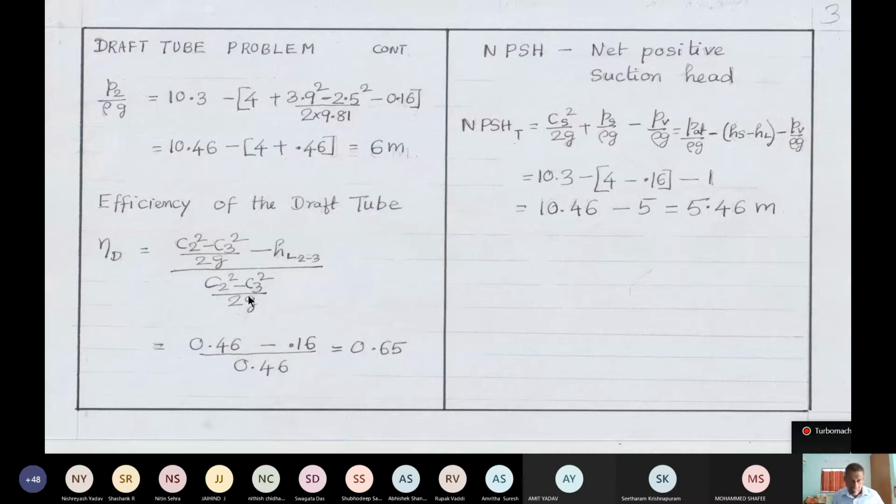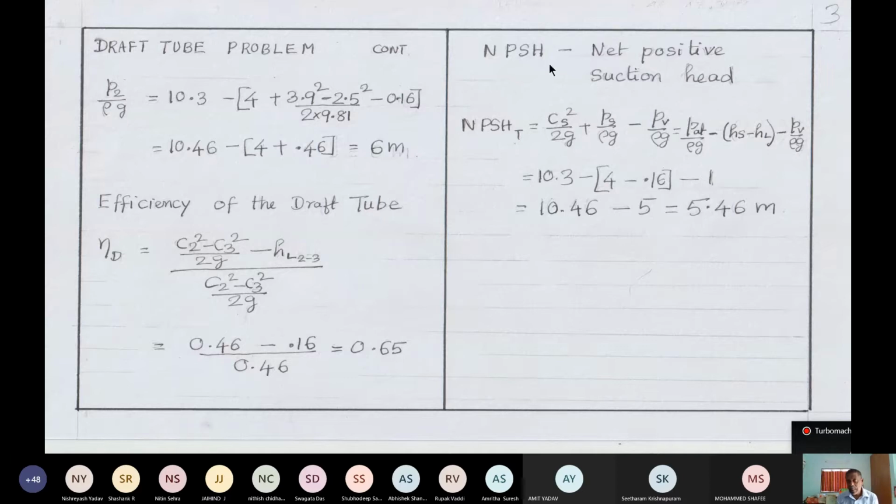But out of that recovery, some pressure is lost. So that is how the idea of draft tube efficiency comes. How much is lost from the pressure recovered? So ideal pressure recovery is C2 square minus C3 square by 2g. Because of the head loss here, you have an efficiency which is less than 1. So finally, you get a value of 0.65.